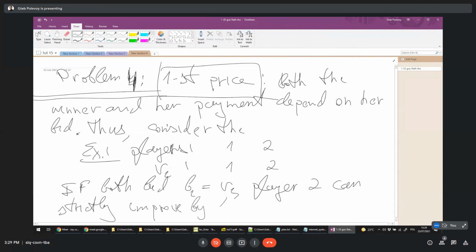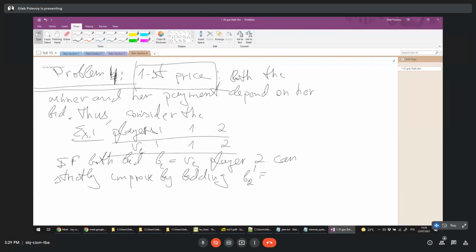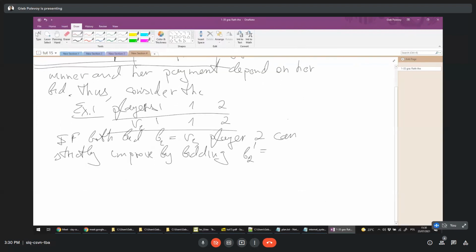It used to be 2. Now what shall the player bid in order to improve? Player 1 has value 1, right? So something marginally greater than 1. Exactly, by bidding 1 plus half.